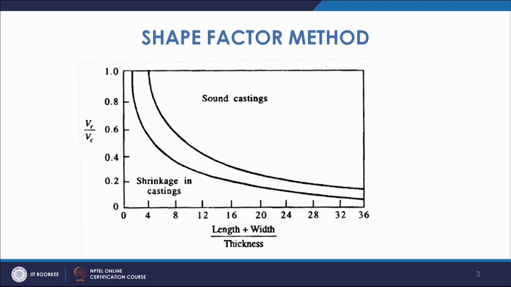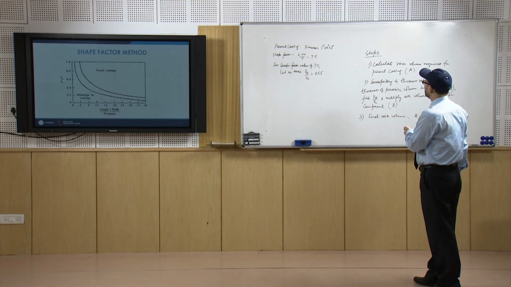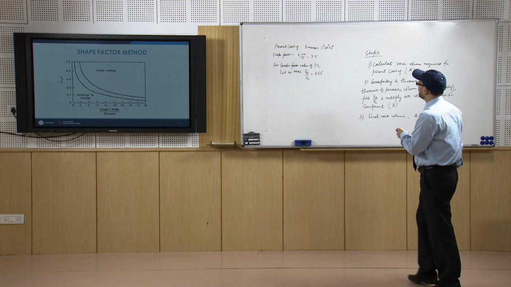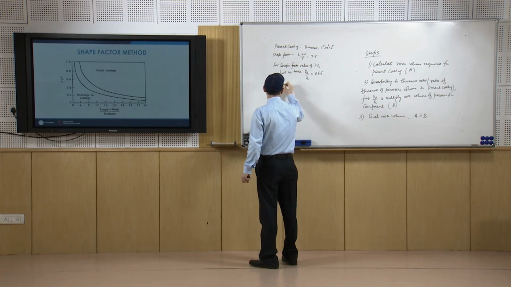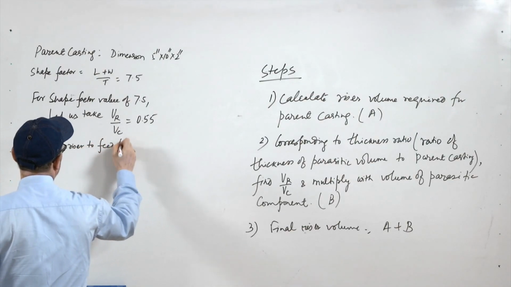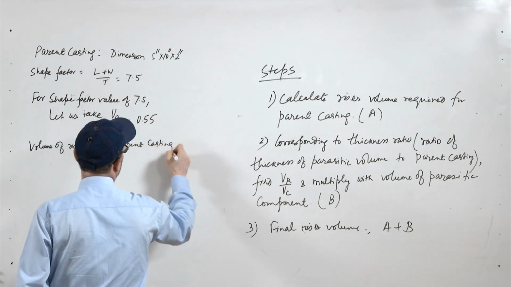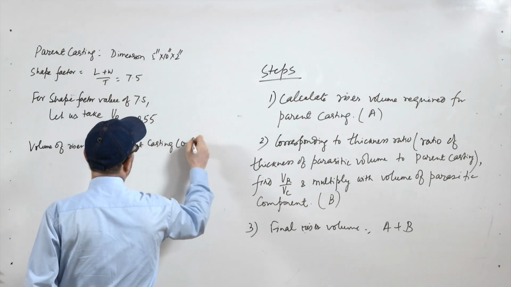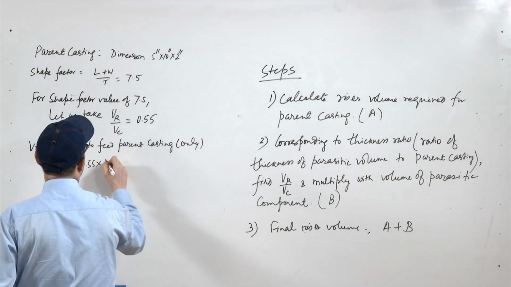If we take this value as 0.55, in that case the volume of riser to feed the parent casting alone will be 0.55 times the volume of the parent casting.